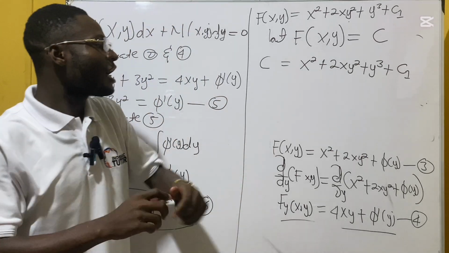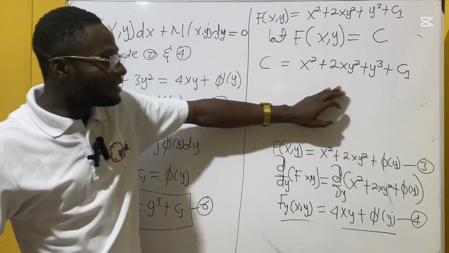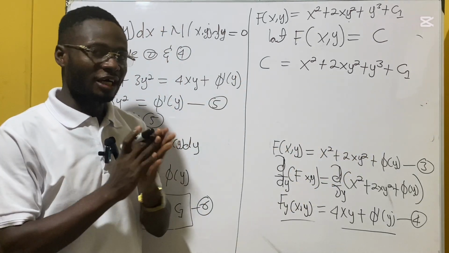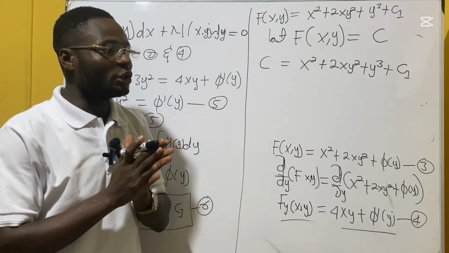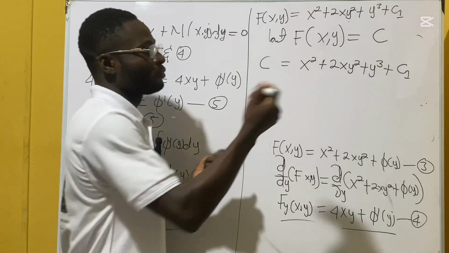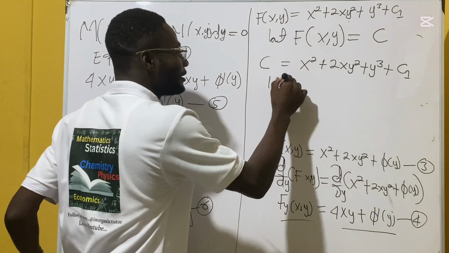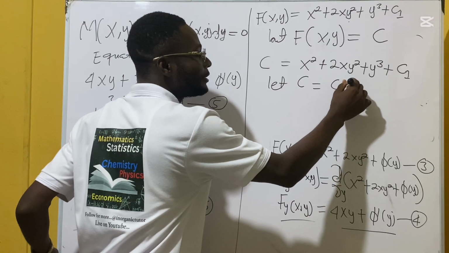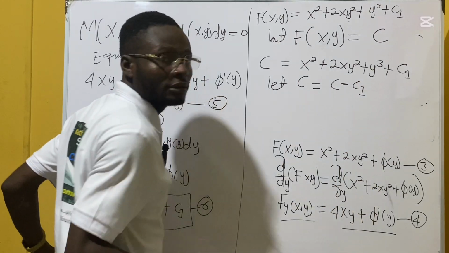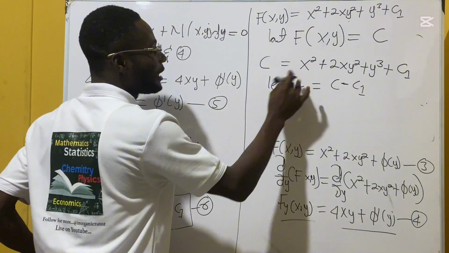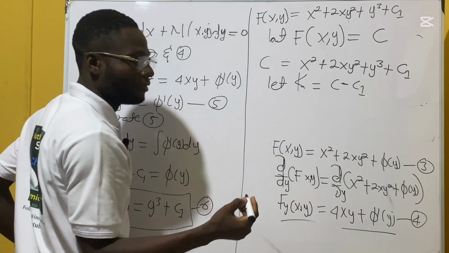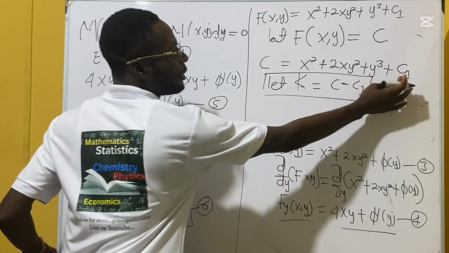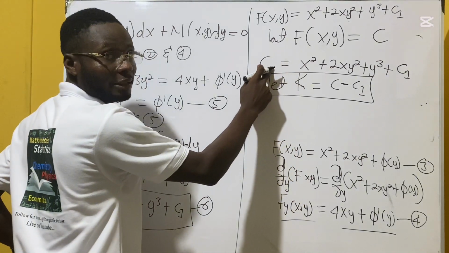Okay, so once we know that this is a constant and this is a constant, we can combine them and choose one. So we can say let c equals c minus c1, or you can say let k, right, they are all the same, so let k equals c minus c1, because when you bring this over, you're going to have c minus c1.